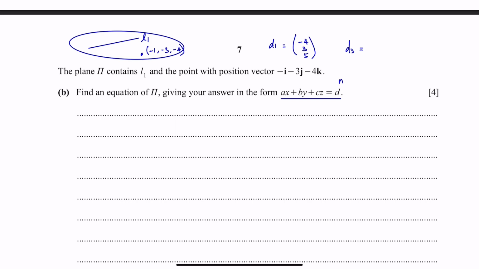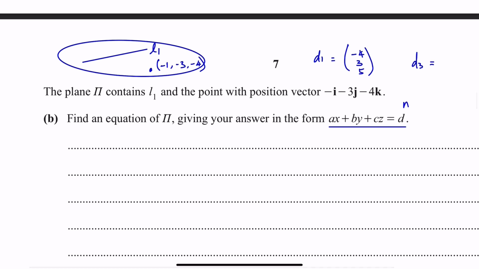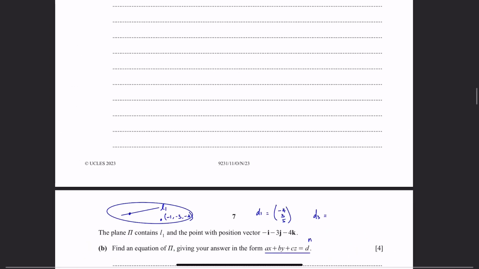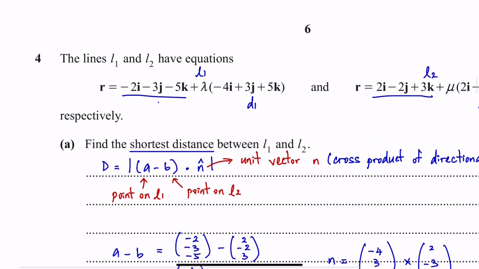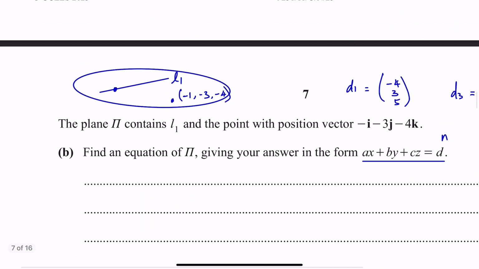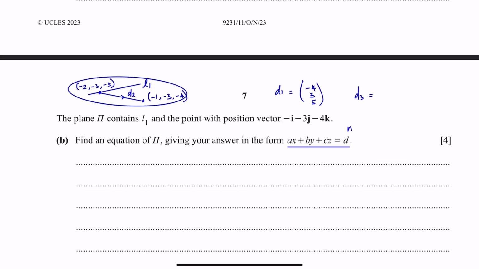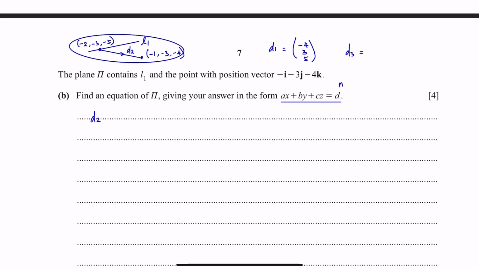So how do we find this directional vector? Look at this. We have 2 points actually. Remember that in L1, we have this point, -2, -3, -5. So we can actually find the second directional vector by just doing this.